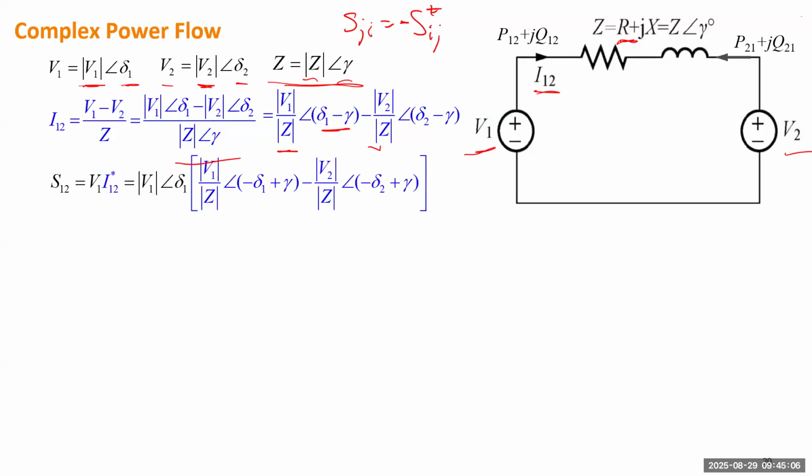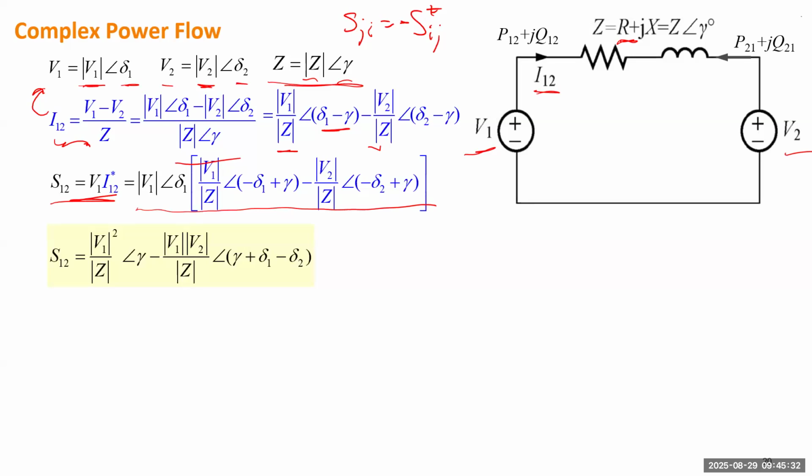Next we calculate complex power. We use the voltage on bus 1 multiplied by the conjugated value of the current leaving bus 1. So for this current, we calculate the conjugated value, then multiply V1 by this value. So it will have this expression.